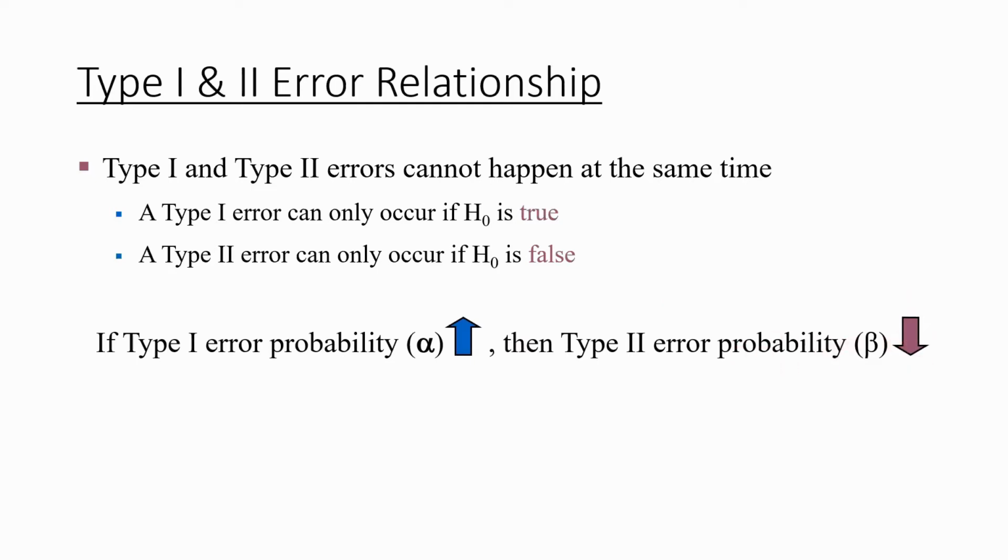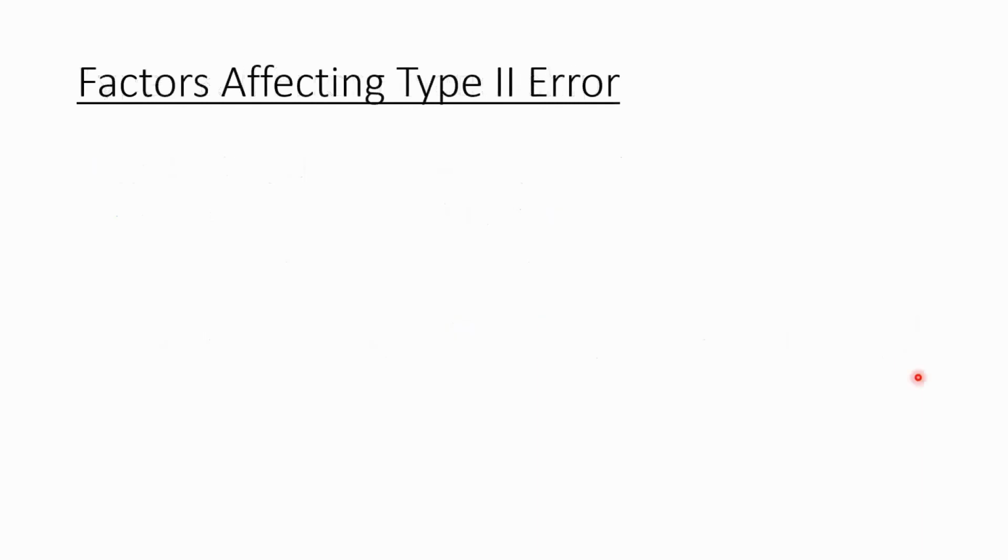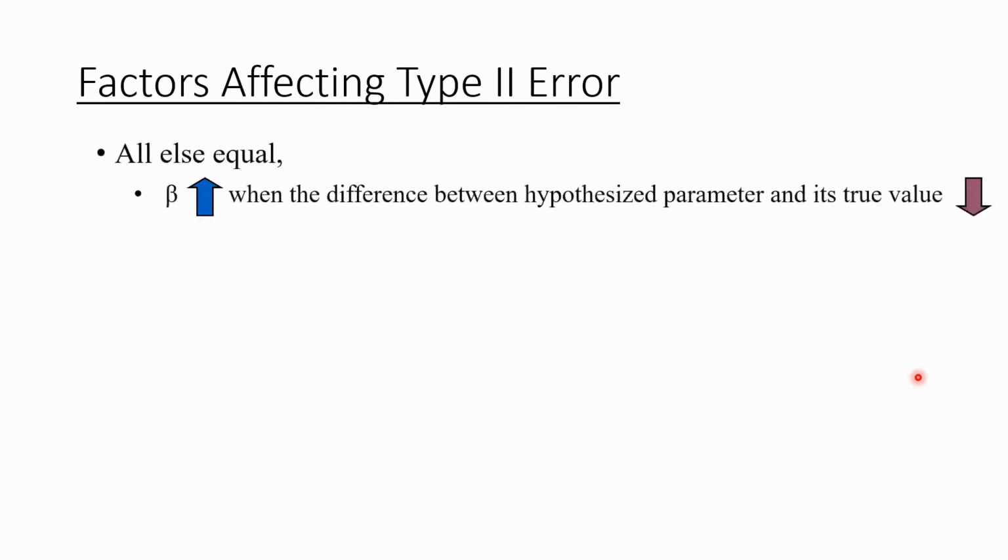If you keep everything else equal, what are the factors that would affect your type 2 error? Type 2 error probability is beta. What are the factors that would affect this? If you keep everything else constant, your beta, or your probability of type 2 error occurring, would increase when the difference between the hypothesized parameter and its true value decreases.